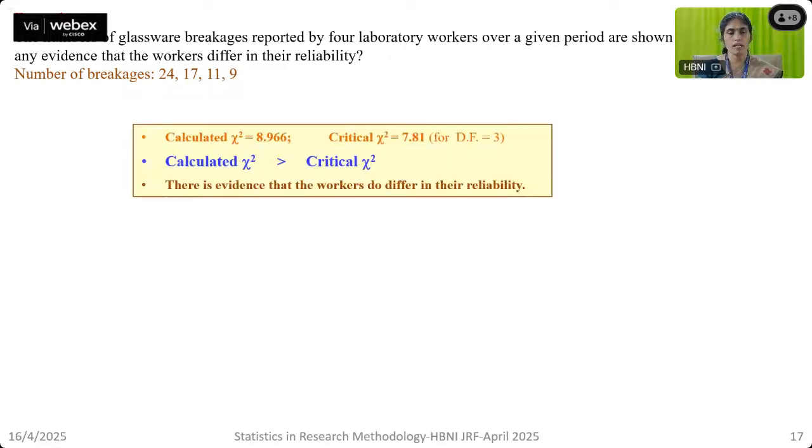The number of breakages are given. Whether we can pick out the person who has broken only 9 glasswares, whether he is more reliable than the other one. Here again, the chi-square statistic will help us to take a conclusion. You can see that 4 people are being compared. So the number of degrees of freedom will be 4 minus 1, 3.